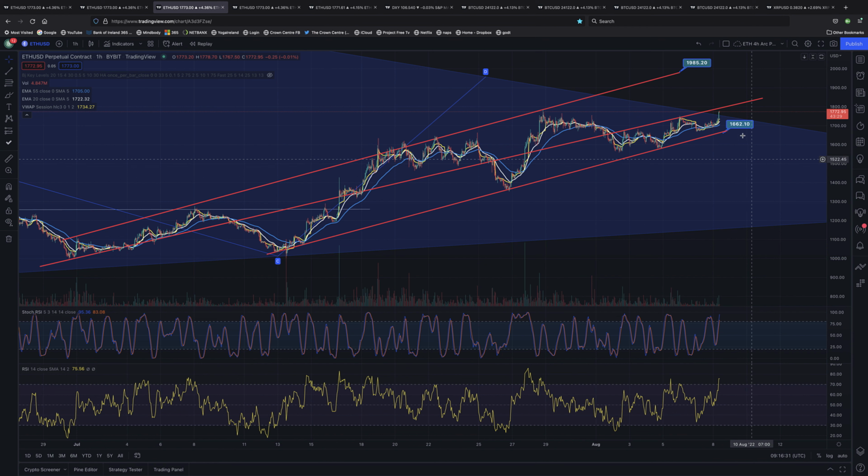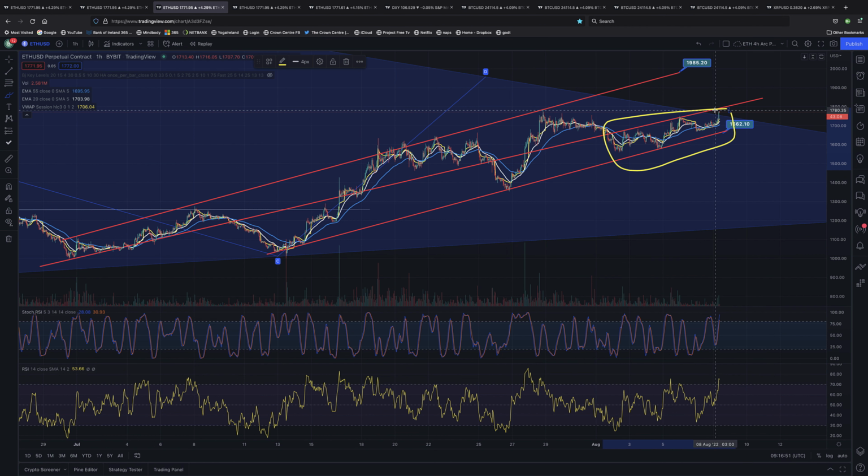However, we haven't been able to leave this area, so we are in the bottom. I know it looks like it's constantly going up, but we're going up with the trend, so we haven't been able to break through the trend line, the resistance line, which is the central line of this channel.